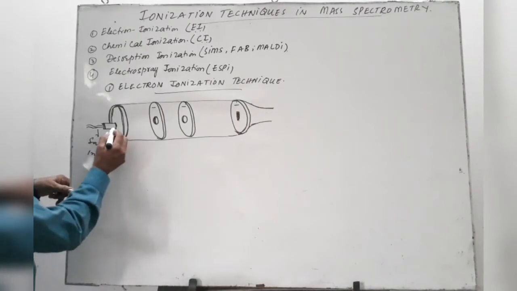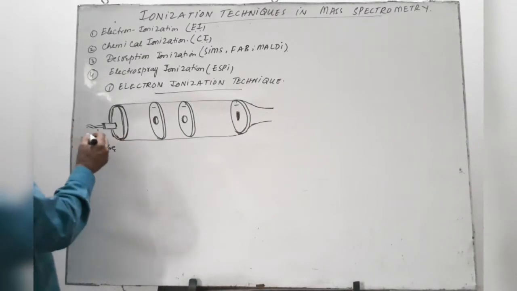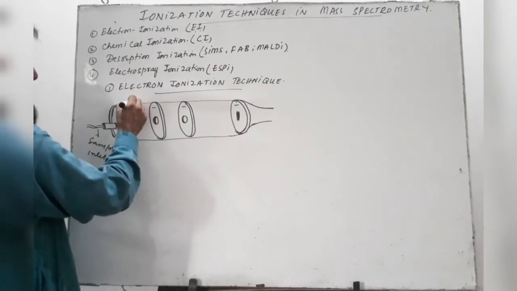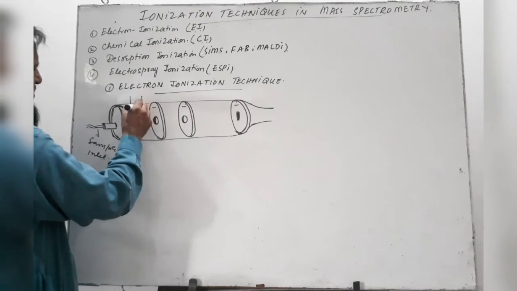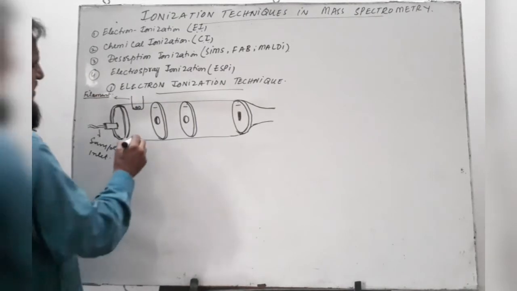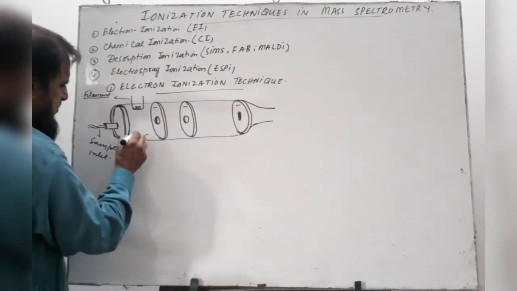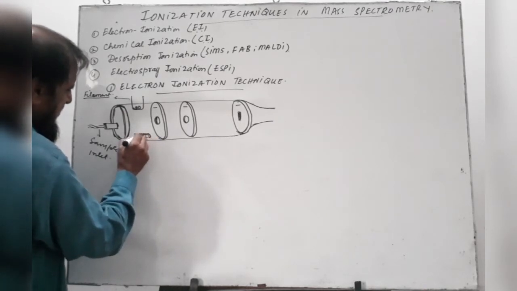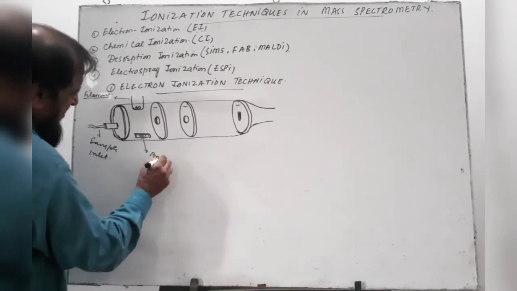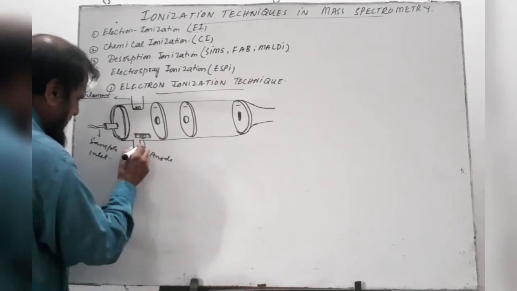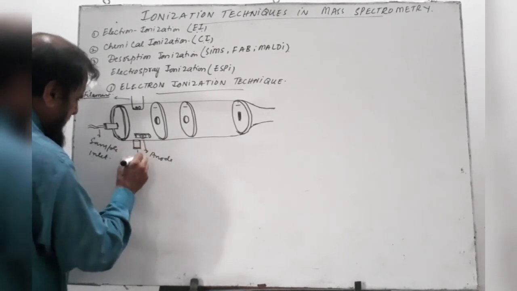In the ionization chamber, there is a filament. On the other side of the tube, there is a positive plate which acts as the anode. There is also a vacuum pump attached in this region.